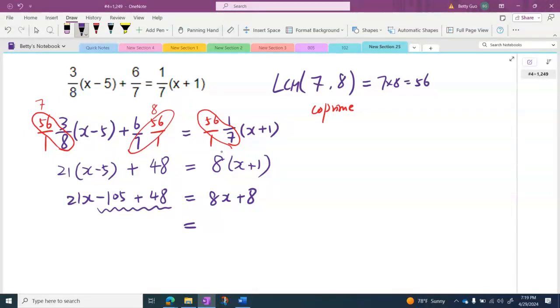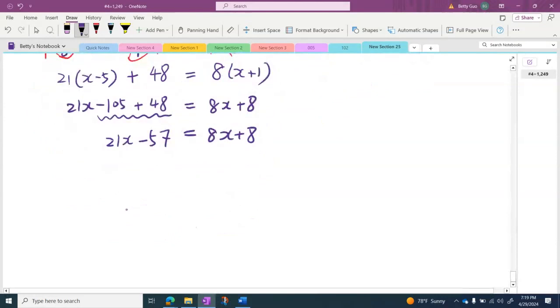Let's see what is negative 105 plus 48. Use your calculator. It's going to be negative, right? Negative 57. And then 8x plus 8.